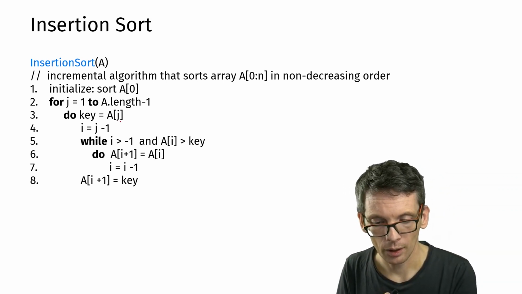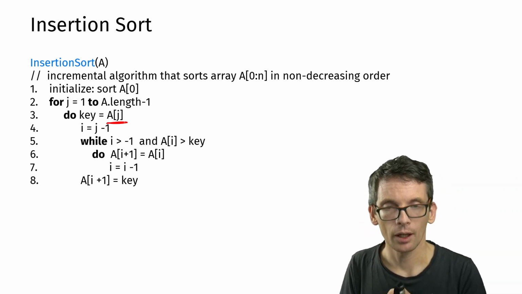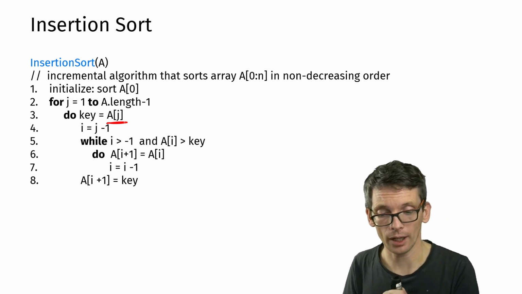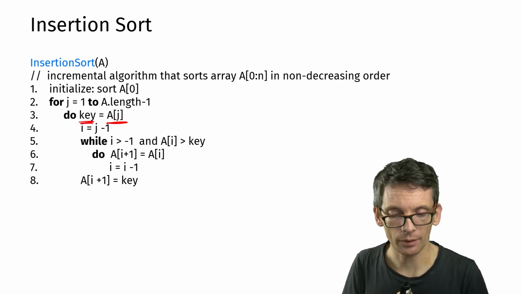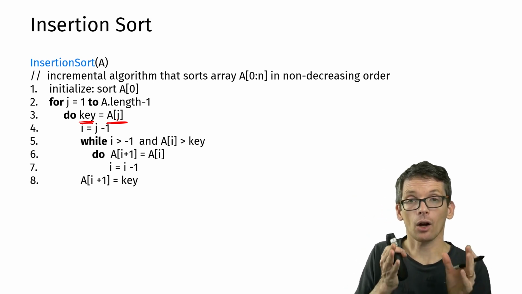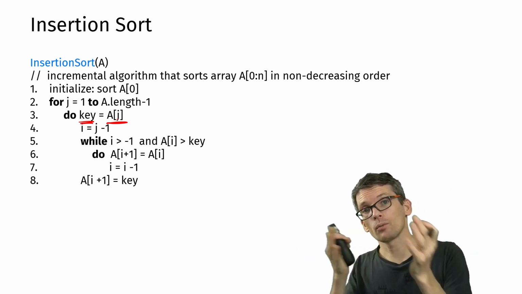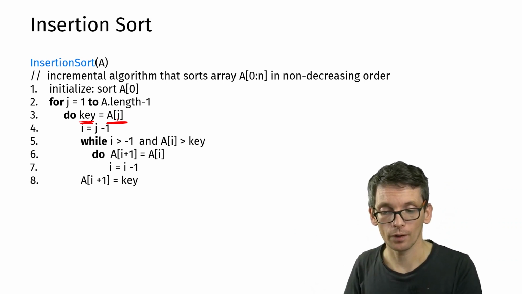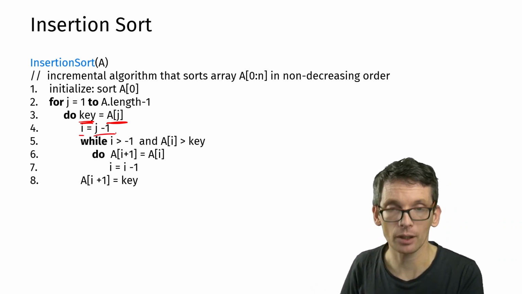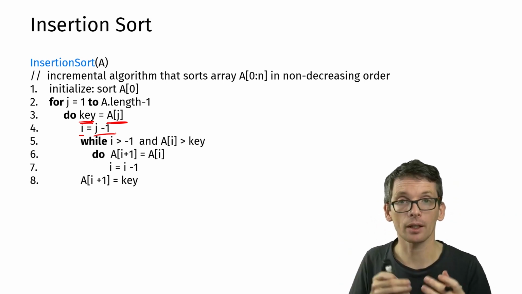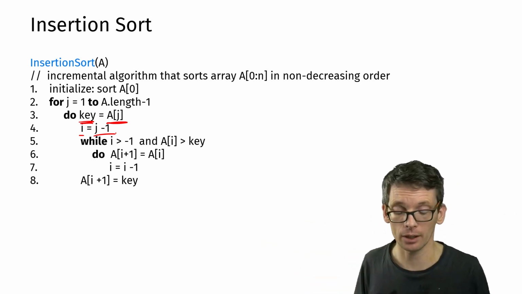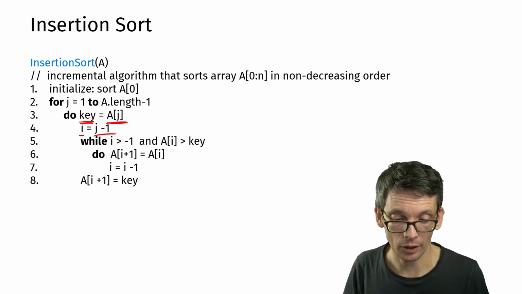We're currently looking at a j and want to know where to place a j. So we set key to a j, and now we might want to move it forward. Therefore, I'm going to set i to j minus 1, so that would be the first position to check where we could place a j in case that element is larger than a j.